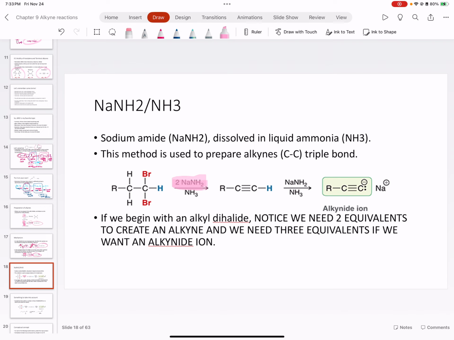Once we have our triple bond, we can again use NaNH2 to create an alkynide ion. Like we said, if we begin with an alkyl halide, with just two equivalents we can create an alkyne, and with an extra equivalent, or three in total, we can get an alkynide ion.